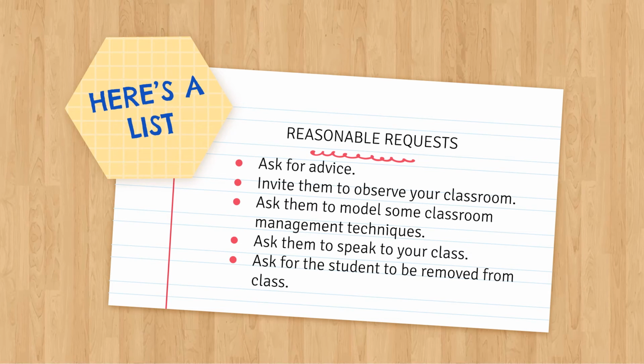Finally, ask if the student can be temporarily removed from class, either sent to in-school suspension or a timeout room, especially if the student has repeatedly broken the rules and disrupted learning. There are incidents that warrant immediate removal from class.